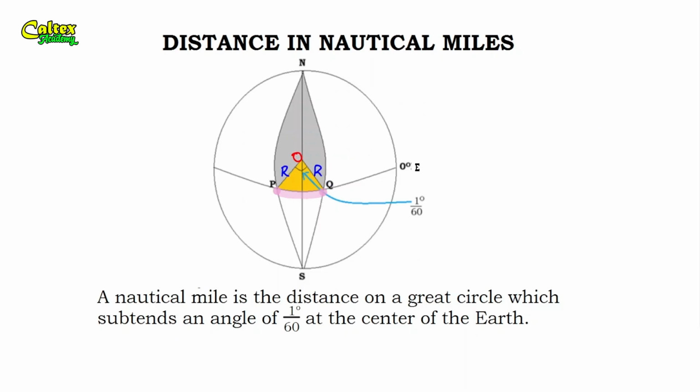Now, we can have this great circle illustrated here. So this is the latitude at 0 degrees. When you look at this diagram, there are two important key points we need to talk about.